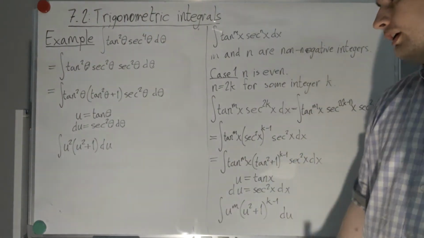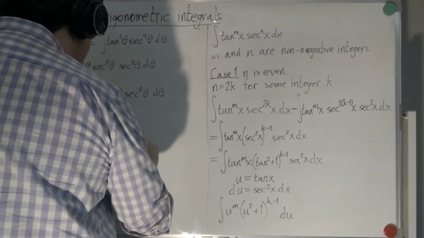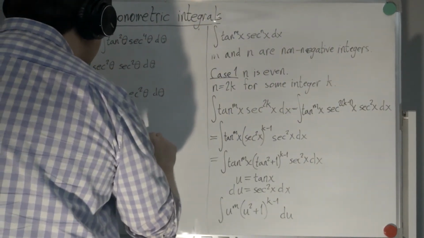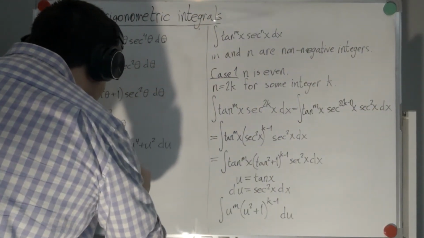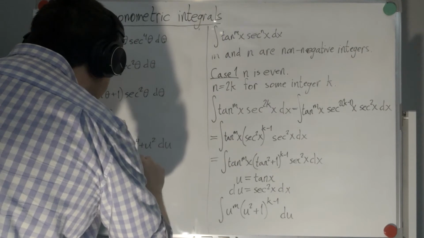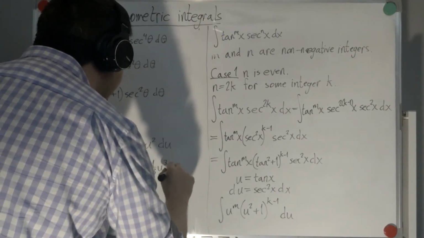Now, of course, that is just the integral of u to the fourth plus u squared du. And you know how to do that, right? That would just be 1/5 u to the fifth plus 1/3 u to the third plus c.